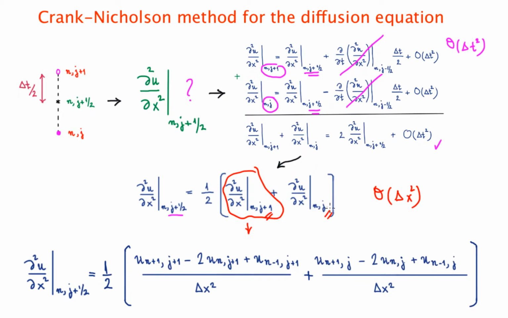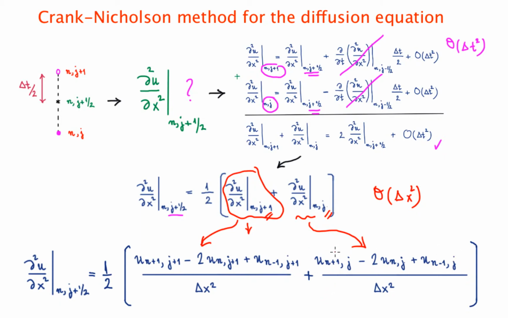This one is what we had for the explicit approximation, and this one corresponds to the final representation we had for the implicit method. So in calculating the second order partial derivative with respect to x, we're making an average of the finite difference representation for the implicit method and the one for the explicit method.